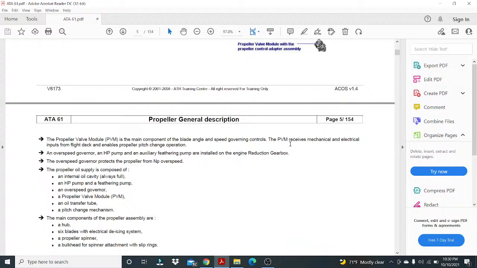An overspeed governor, an HP pump and an auxiliary feathering pump are installed in the engine reduction gearbox.